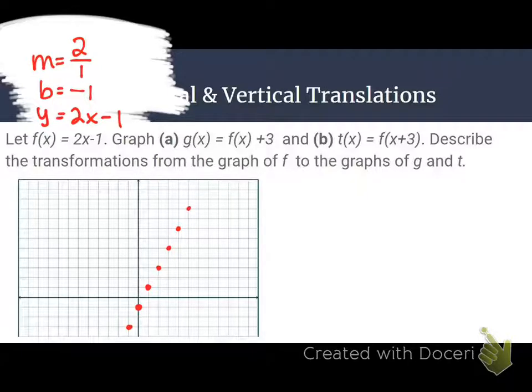For these problems in particular, it might be nice to put several points. So I'm going to leave those points red and make my line through them kind of thin, so that we know those were my parent function points. I'm going to make them a little bigger. I think this will help us be able to shift them.